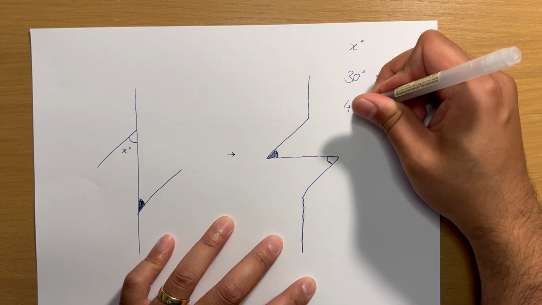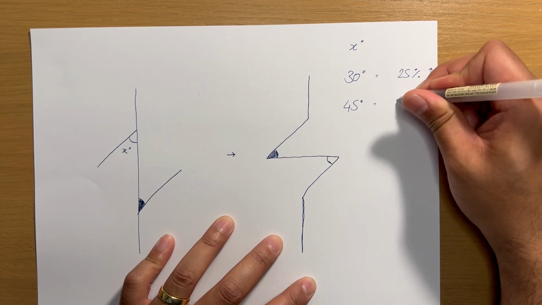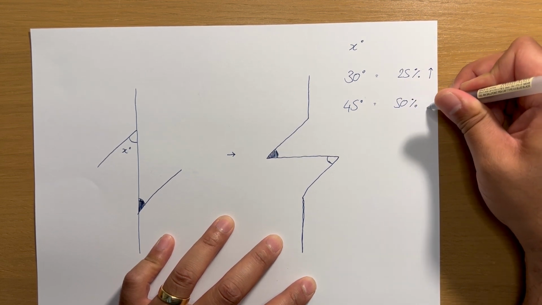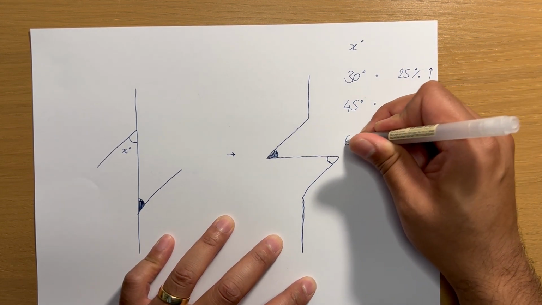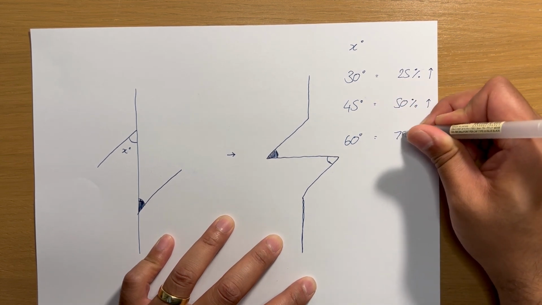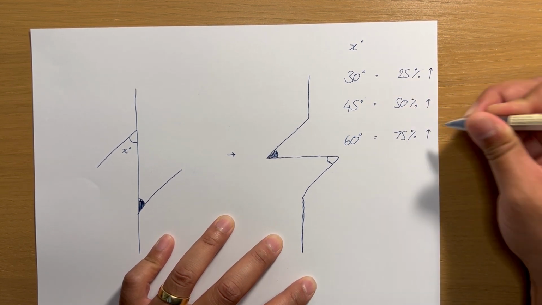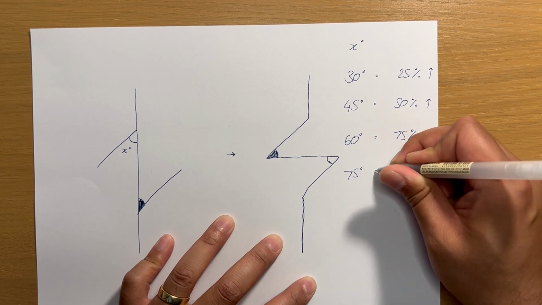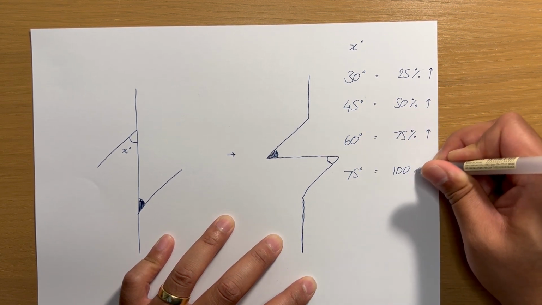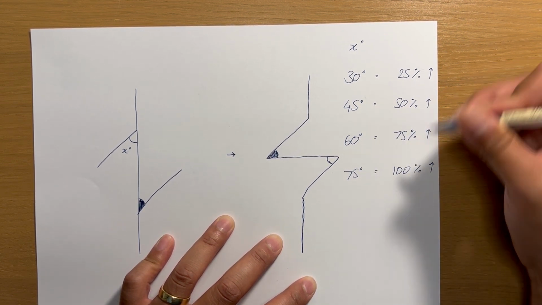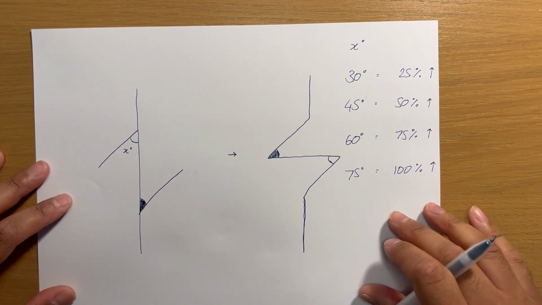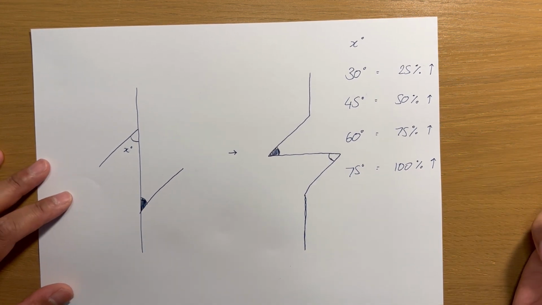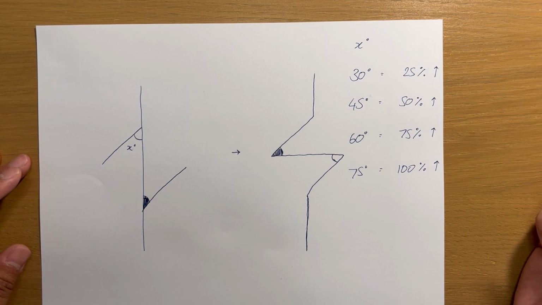So if that was a 45-degree angle, then in theory you increase the scar length by 50%. If it's a 60-degree angle, you gain 75%. And if it's a 75-degree angle, then in theory you can increase your scar length by 100%, and so on, actually. But that is the premise, in its most simple terms, of a Z-Plasty.